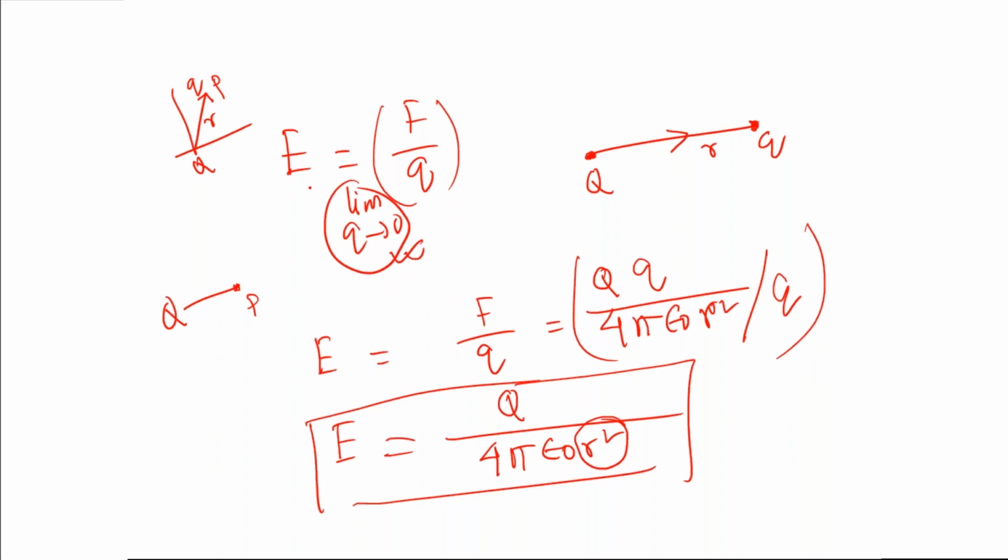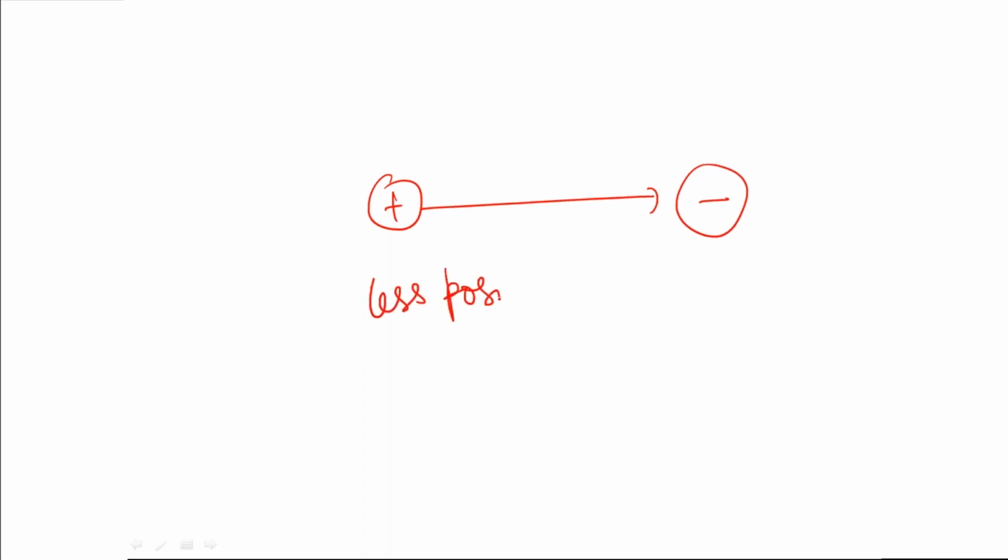If there is a positive charge and a negative charge, the electric field has a direction always from positive side to negative side, or I'll say from more positive to less positive side.